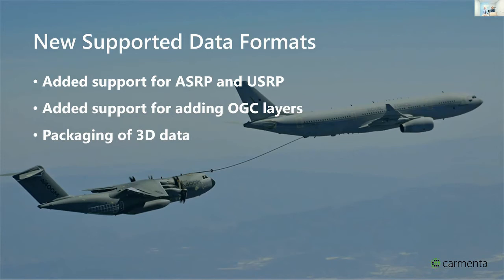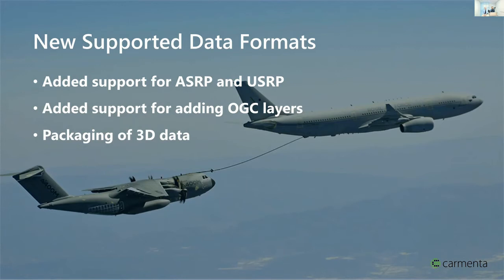We only test Carmenta Map Builder with certain raster formats, but it's possible in the settings dialog that Marcus showed before to go in and add additional formats if you would like to try extra formats that we don't say that we support, but we can't guarantee that they work.